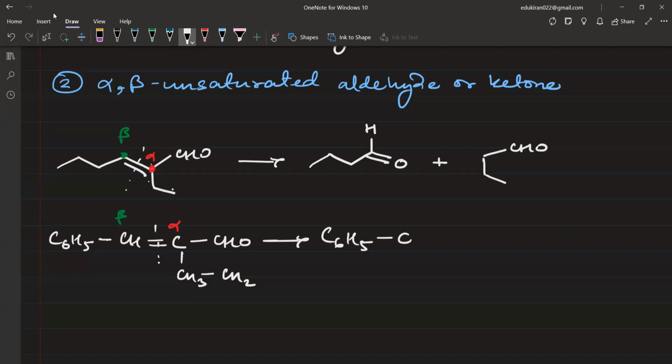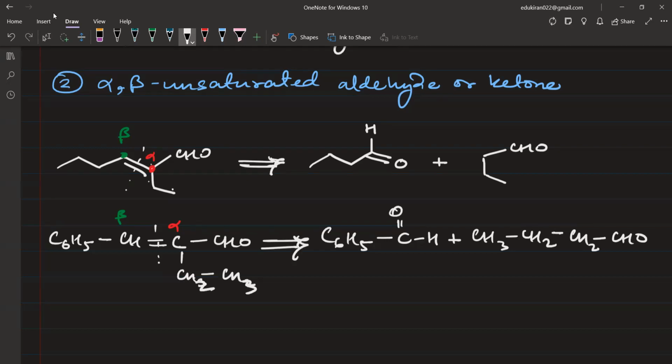Put double bond O on the C6H5 carbon, hydrogen as it is, plus this carbon is going to get 2 hydrogens, so CH3 CH2. This carbon atom which was doubly bonded will again get 2 hydrogens, CH2 and CHO.